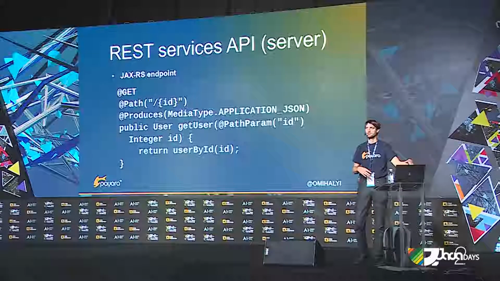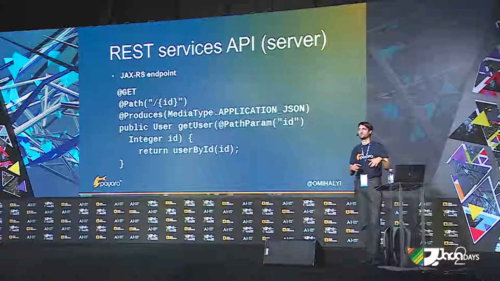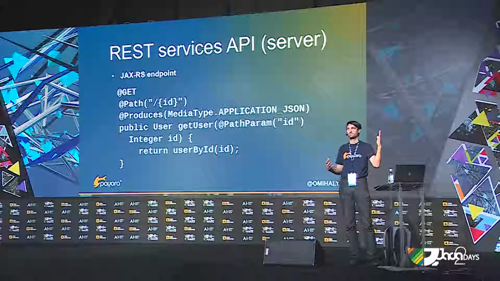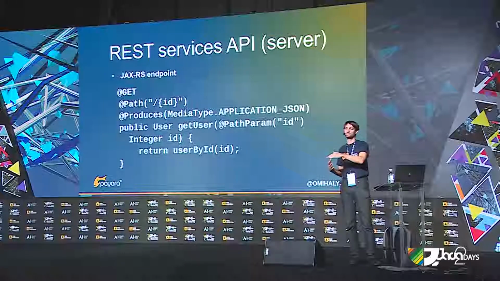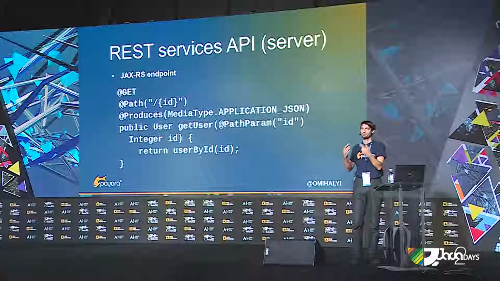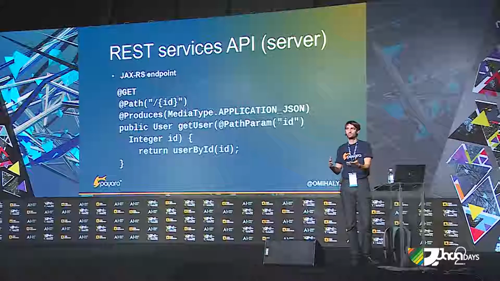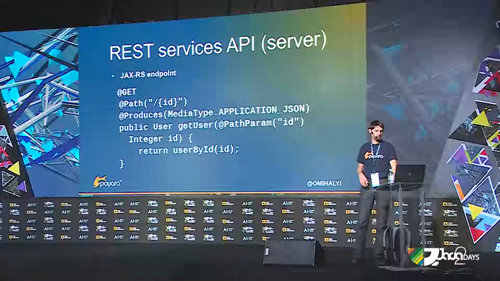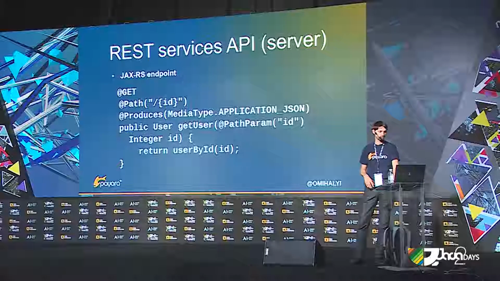So the end server mapping is used by the container to find out how it can map the REST protocol to Java calls, but it can also be used in the reverse way to map a Java call, a method, to a REST request, and then map the REST response back into a Java return value.